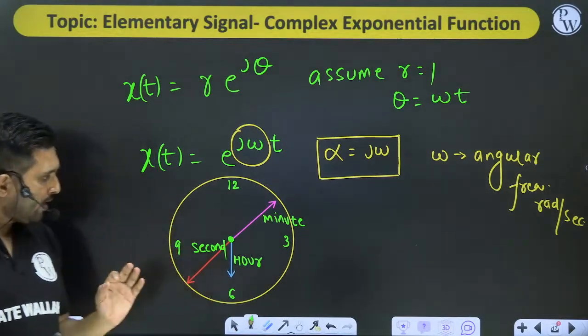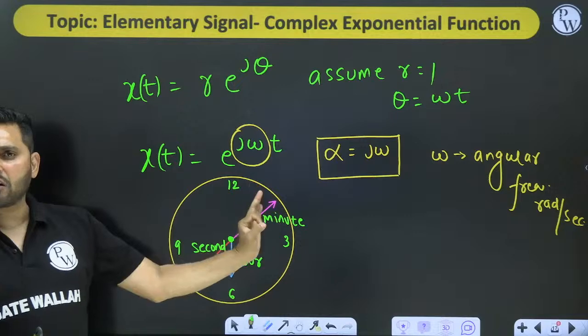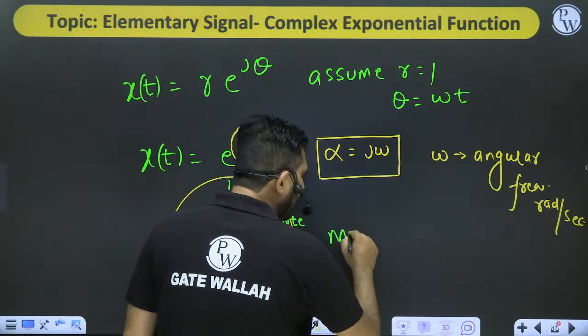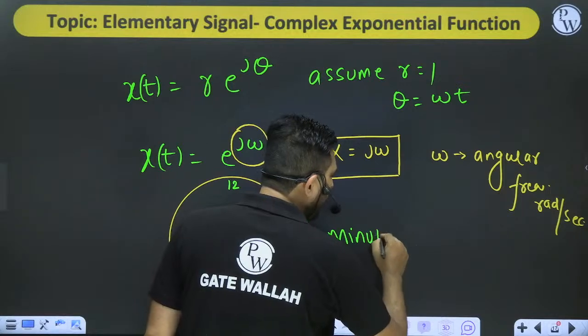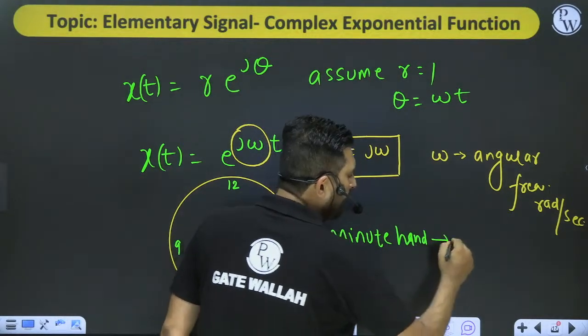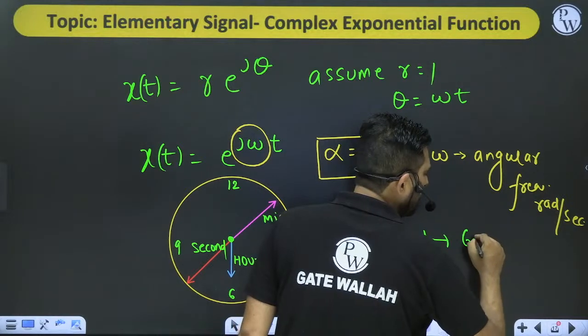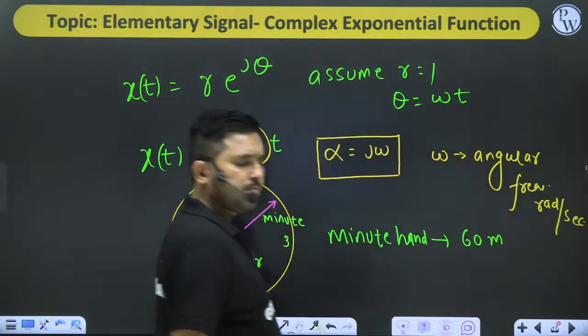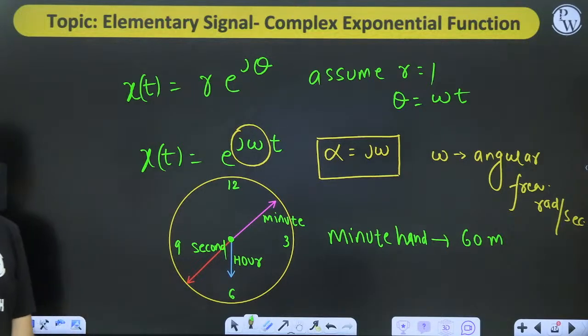For example, if we talk about the periodicity of the minute hand, the minute hand will come to the same position after 60 minutes, you will say. Yes or no?